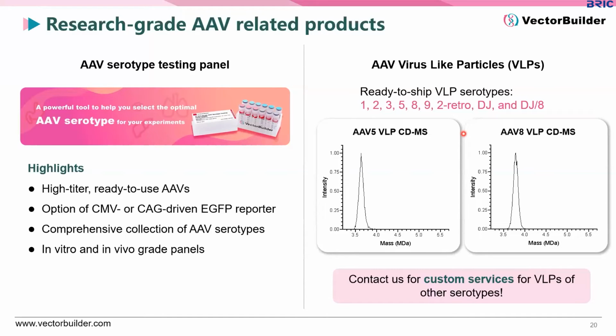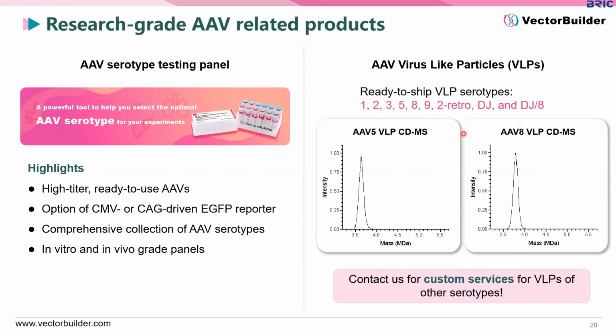So that's why we have the AAV testing panel, where you can customize which serotypes you want, three or more. It's high titer, ready-to-use AAV. And there are also options of different promoters like CMV or CAG driving an EGFP reporter. We can also provide in vitro and in vivo grade based on our customers' requirements.